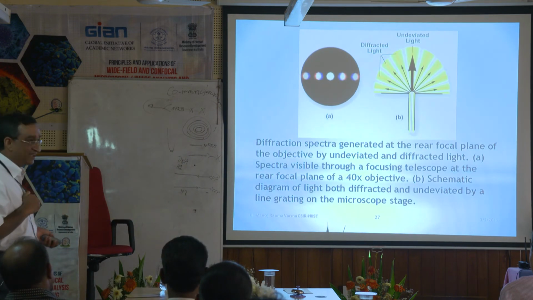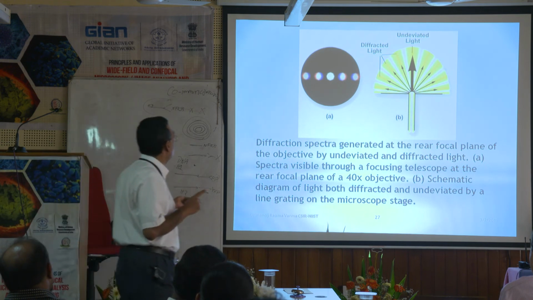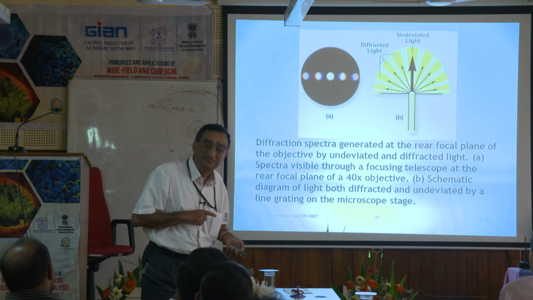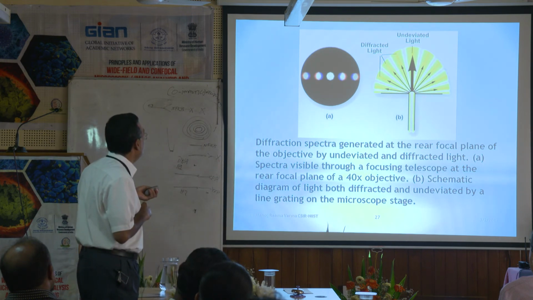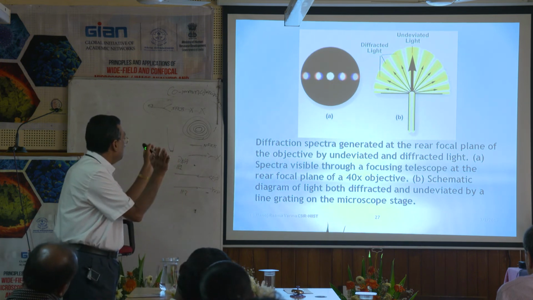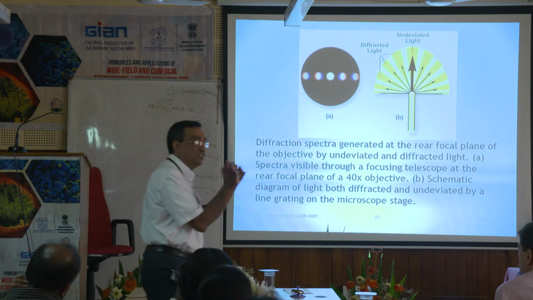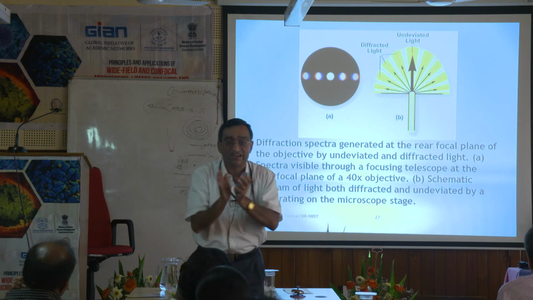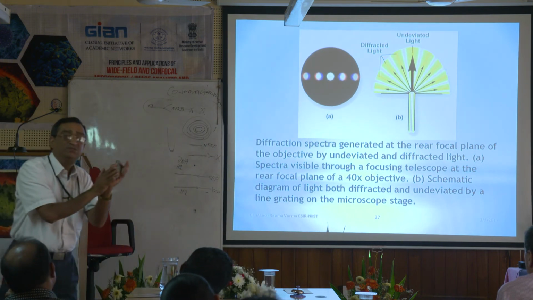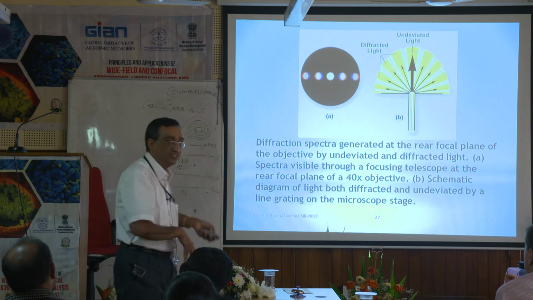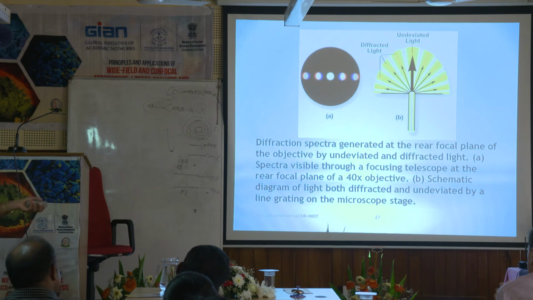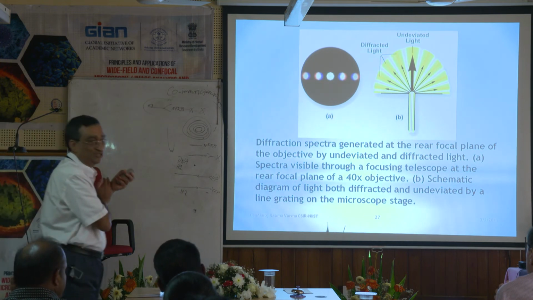The reason is that the direct image you are observing is the undeviated light, whereas the other images you are observing are because of the deviated light. There is a path difference between the light travelled directly and the light travelled in an angular direction, and because of this path difference it produces a phase difference and it produces constructive or destructive interference depending upon the position.